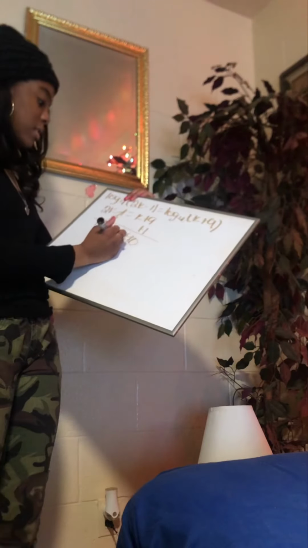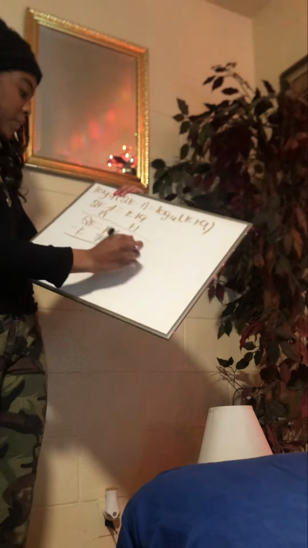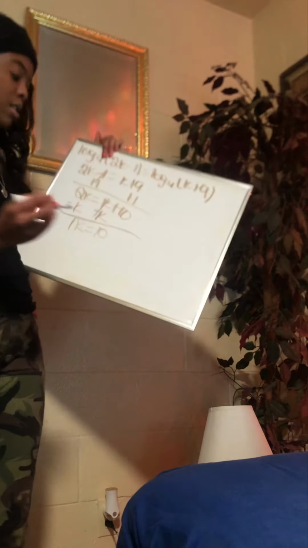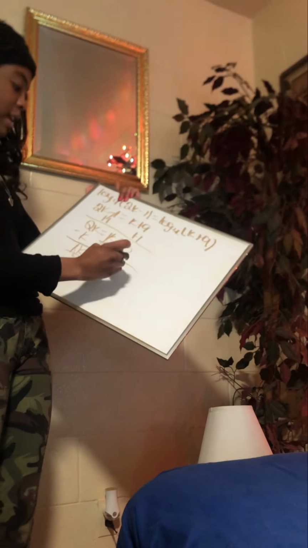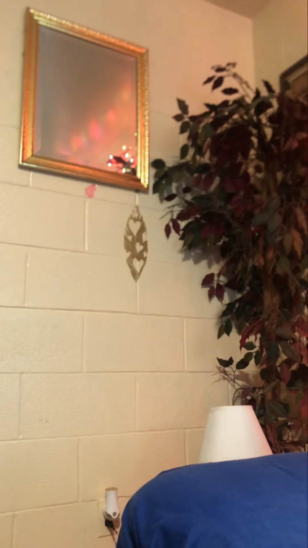Anybody want to tell me what you're supposed to do next? Yeah, subtract k from both sides. That gives you 1k equals 10. Next step, divide by 1, and k equals 10. Great job, class. Thank y'all for participating today.